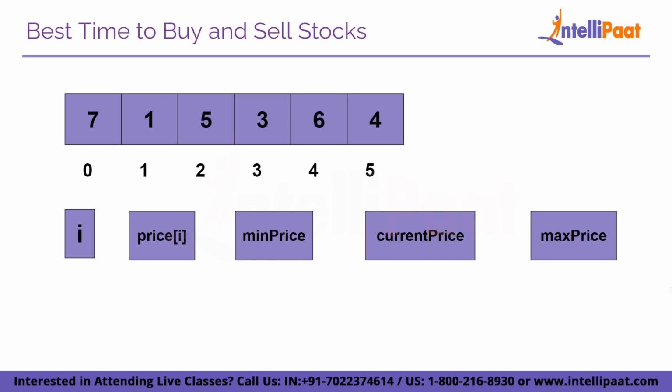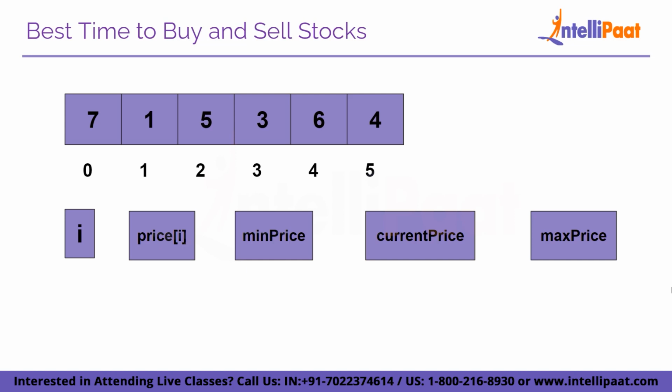Now coming to i equal to 3. The prices at index 3 is 3 and the minimum price is 1. Here we can see that the prices at index 3 is greater than the minimum price, so we will find the current profit, which is equal to 2. Then we will compare the current profit with the maximum profit. Here we can see that the maximum profit is greater than the current profit, so we will do nothing and move forward.